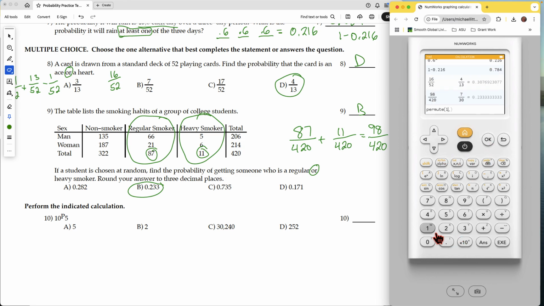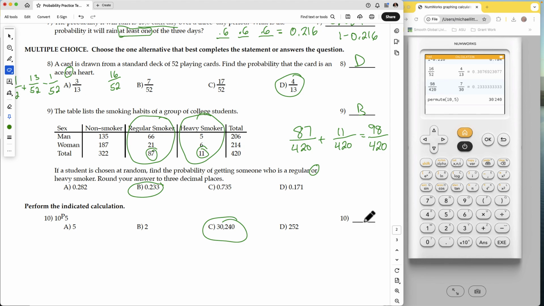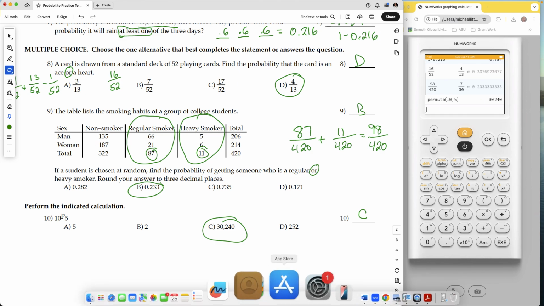We want 10 things, choosing 5 at a time. Hit enter. 30,240. It's going to be a lot. In fact, if you looked at this, you might have just said, well, it's a permutation of 10 things. It's going to be a lot of stuff. This is it. C.